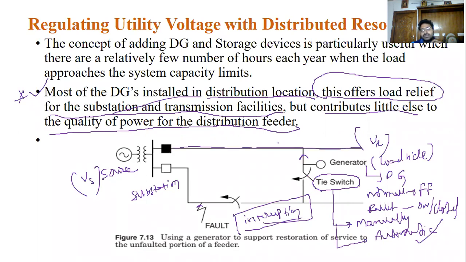So this leads to uninterrupted power. This will help to maintain the voltage, nothing but constant voltages at the receiving side, at the load side. That we can call voltage regulation.